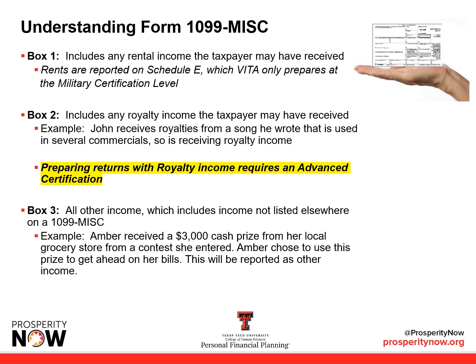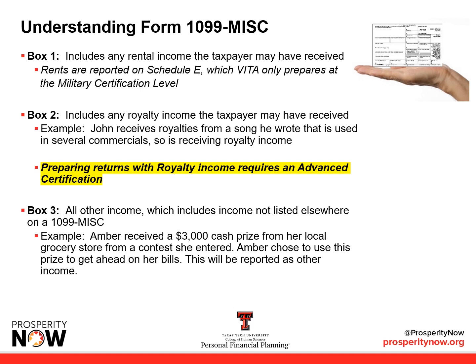So, in most cases, it will be out of scope for your site. Box 2 includes any royalty income the taxpayer may have received. For example, John receives royalties from a song he wrote that is used in several commercials, so is receiving royalty income. Preparing returns with royalty income requires an advanced certification.